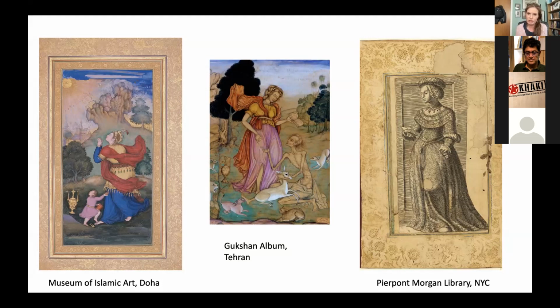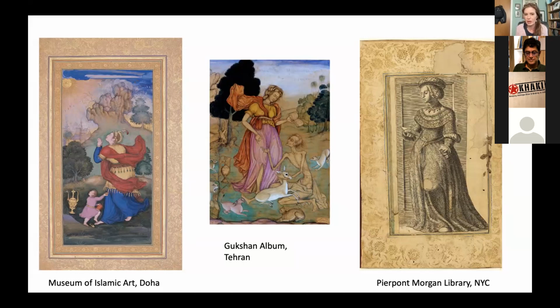That was really very much used by some of the most experimental artists. So this little detail in the center here is by Manohar, and Manohar plays around with this image of Majnun and the allegorical female figure from European art in many of his artworks.